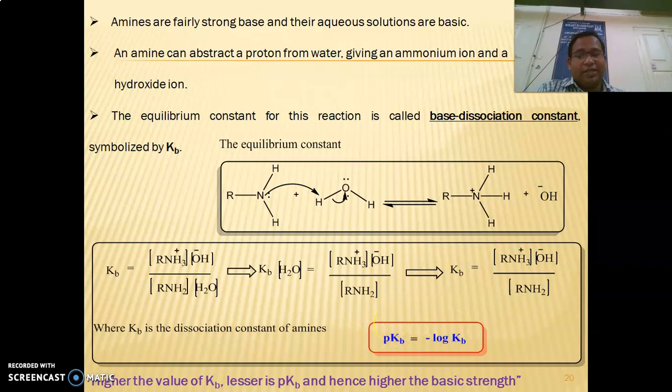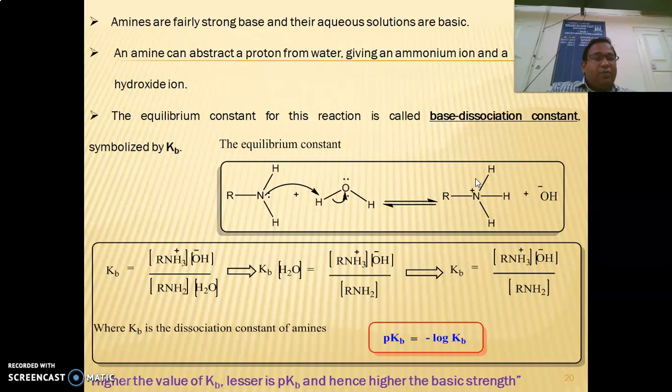So we know that generally amines are basic in nature. They easily donate the pair of electrons and easily accept the H plus ion, so due to that, amines act as bases. When amines are put in water, they undergo reaction, abstract the proton, and form the ammonium ion.